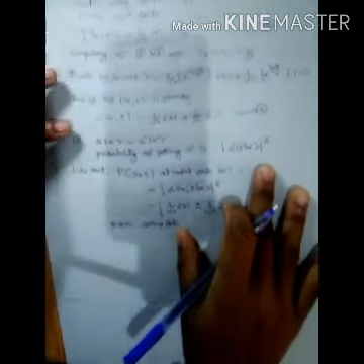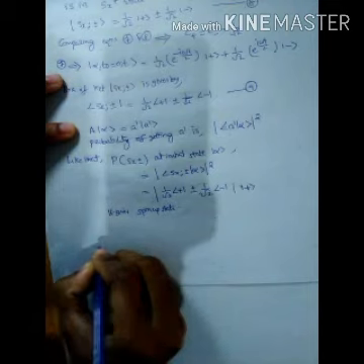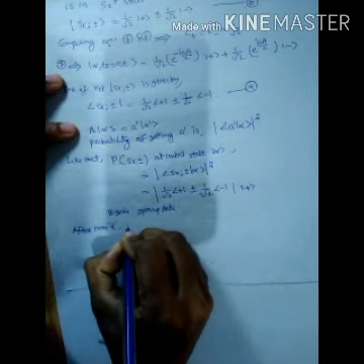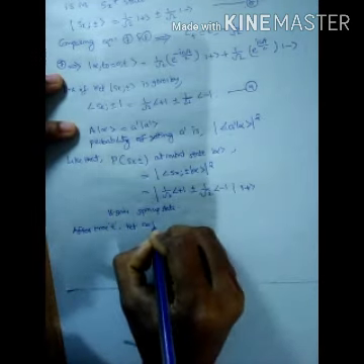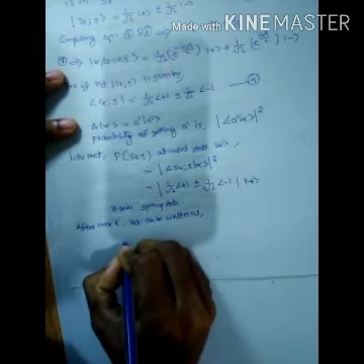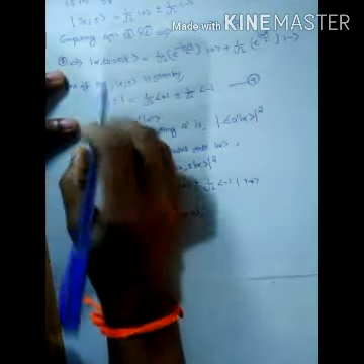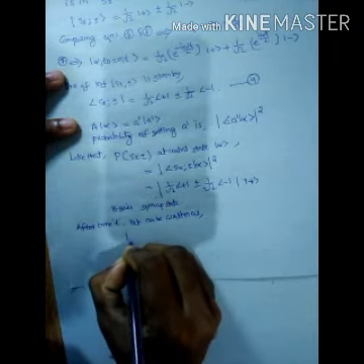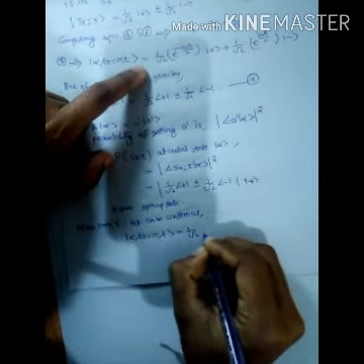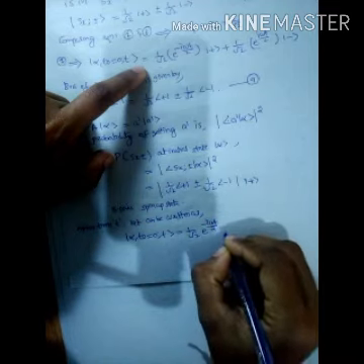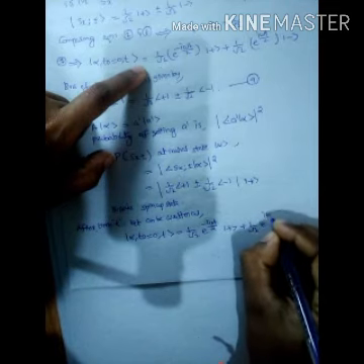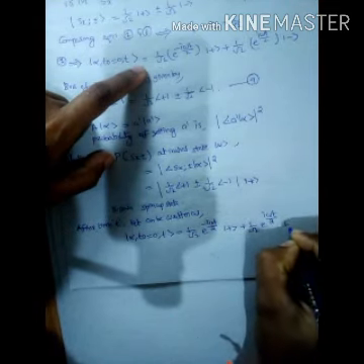Okay, after time t, the ket can be written as this one: ket alpha at t not equal to 0 is 1 by root 2 e raised to minus i omega t by 2 ket plus, plus 1 by root 2 e raised to i omega t by 2 ket minus.